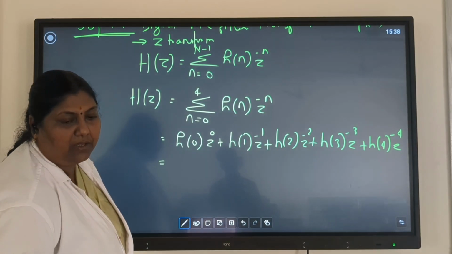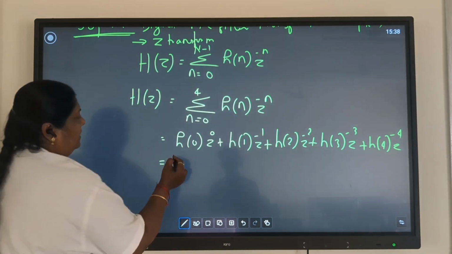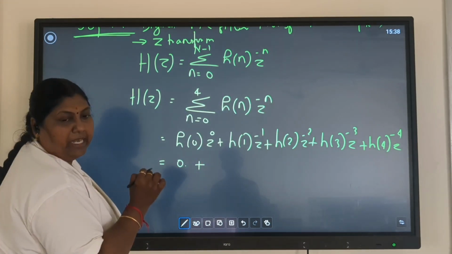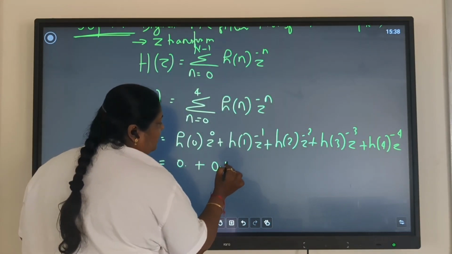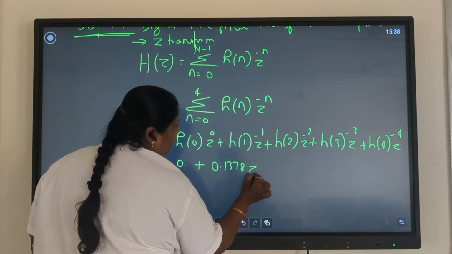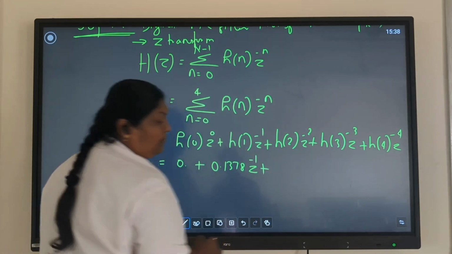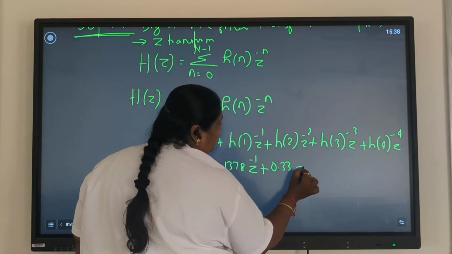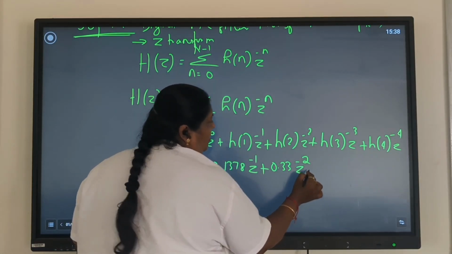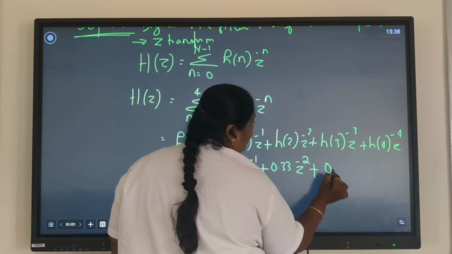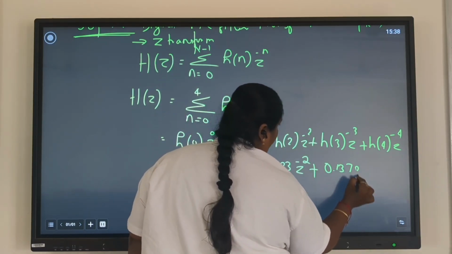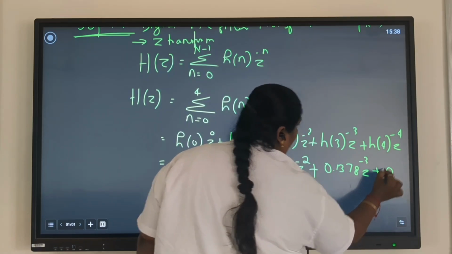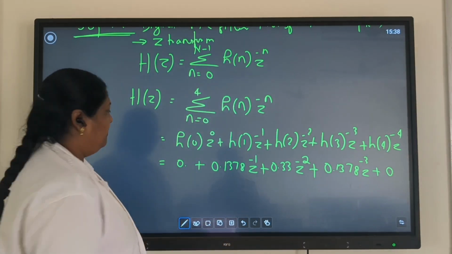So what is the value of h of 0? H of 0 is 0, plus h of 1 value I am getting is 0.1378 z power minus 1, plus h of 2 value is 0.33 z power minus 2, plus h of 3 value is 0.1378 z power minus 3, plus 0, since h of 4 is 0.